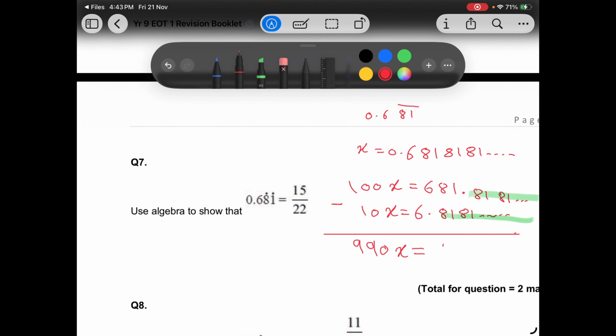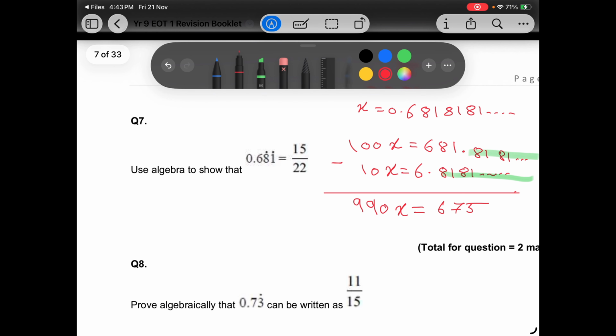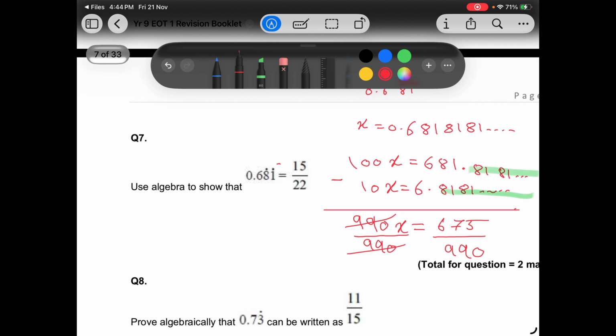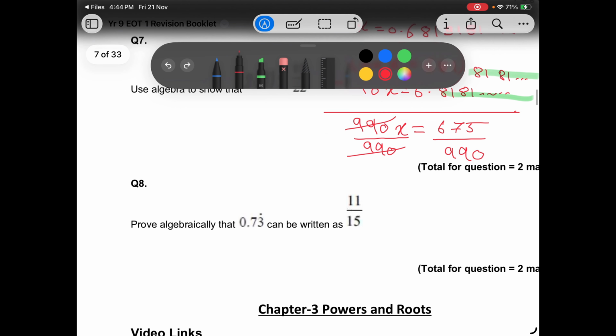And the way we solve any linear equation, I will divide both sides by 990. Then you can clear up. So this recurring decimal is represented by this fraction. We do know that any recurring decimal is associated with a rational number. So the rational number represents this exactly as 675 over 990, and hopefully this is understandable for you guys.